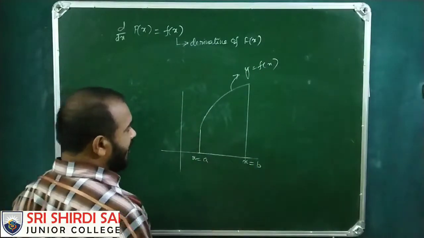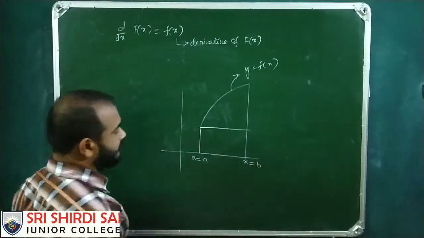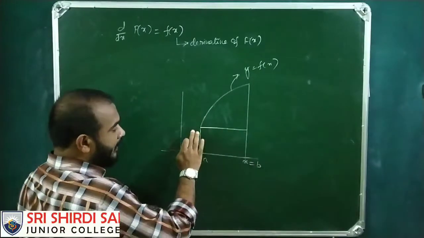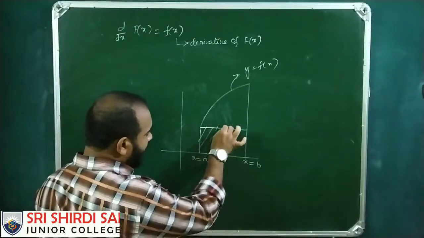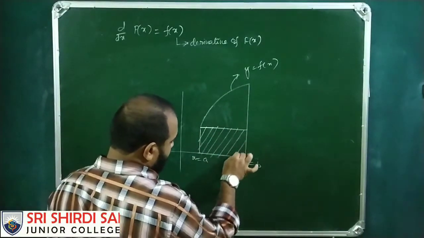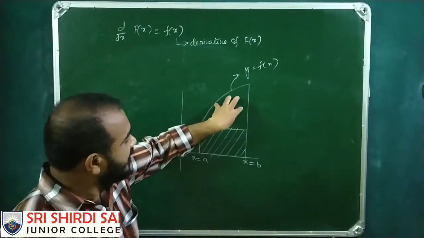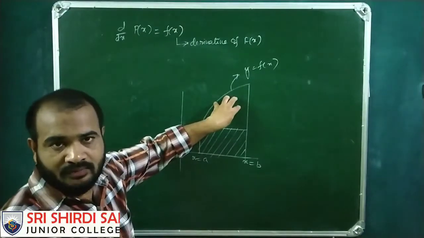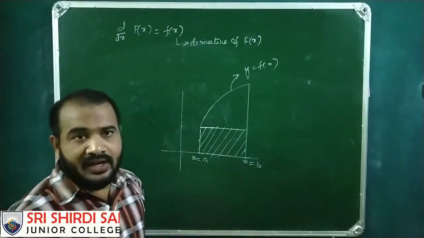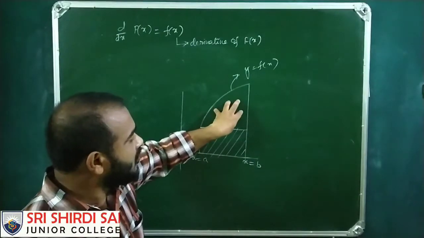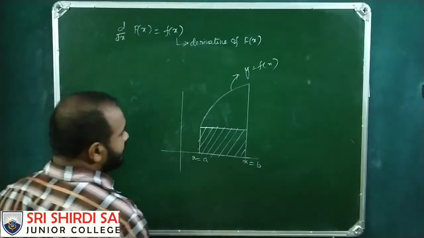I want this area, so I make it into a rectangle and find its area. But in the process some area is missing out, so this is not the correct area.